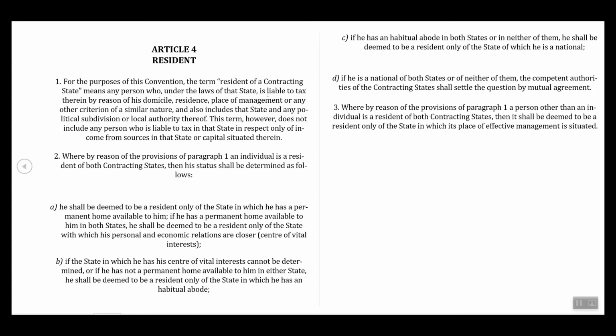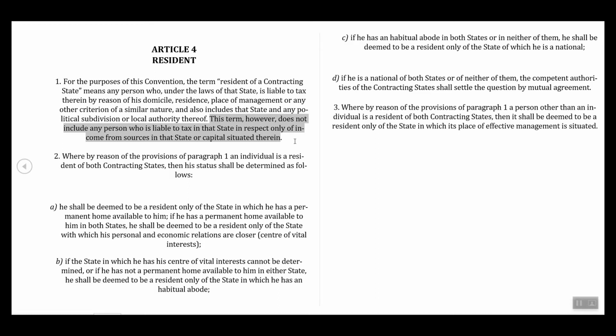So let us translate. If you are liable to tax in that state by reason of your domicile and residence, you are an unlimited taxpayer there. And then paragraph 2 clarifies the thing: an unlimited taxpayer is nevertheless no person who is only a limited tax liability taxpayer. Good.